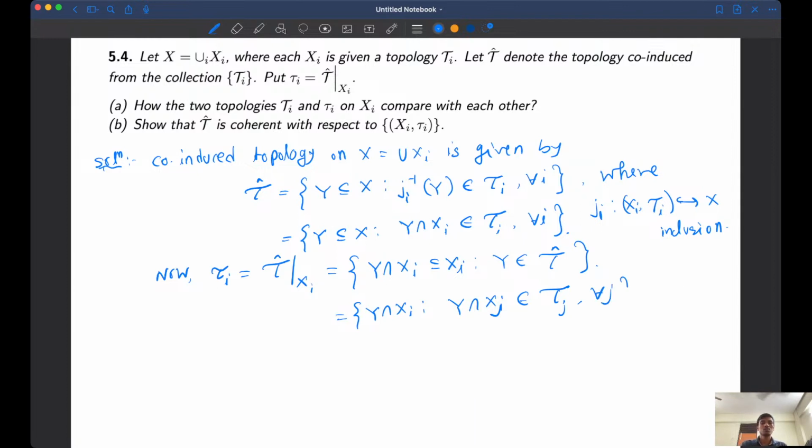Now on Xi you have two topologies: one is the small tau I, and one is the given topology, capital tau I. We are asked to compare these two topologies on any particular Xi. Any guesses, at least from the structure, whether one of them is contained in the other?